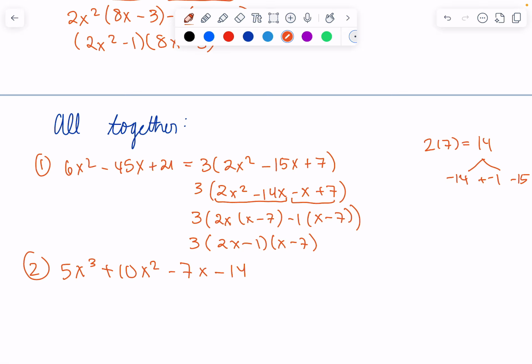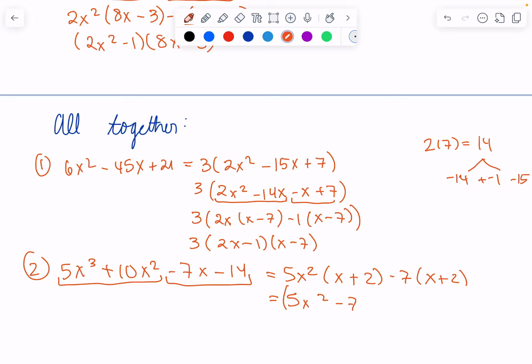Nope. So I just go straight to factor by grouping. Group the first 2 terms, the last 2 terms. First 2 terms have 5x squared in common, which means I'm left with x plus 2. Last 2 terms have a negative 7 in common, so x plus 2. Create a factor with the parts on the outside and another with the parts on the inside. Okay.